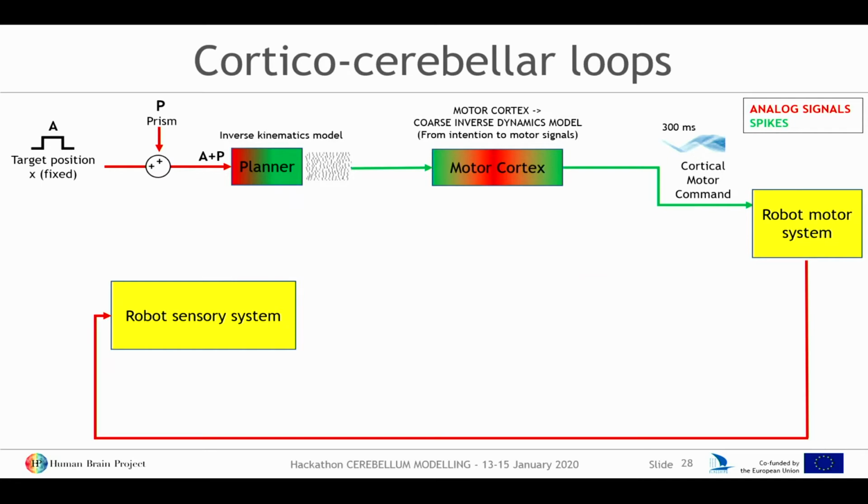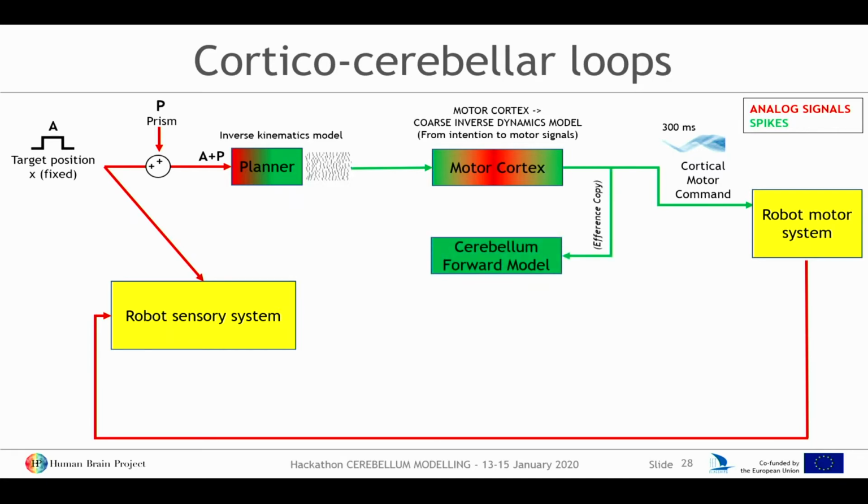And here we can do this, let's say, without the cerebellum, but without the cerebellum we cannot compensate for an error. The prism of the glasses is an error that we cannot know about, and we cannot adapt if we don't have the two modules of the cerebellum. So we also receive the real position that we wanted to reach, so we know that we are committing an error.